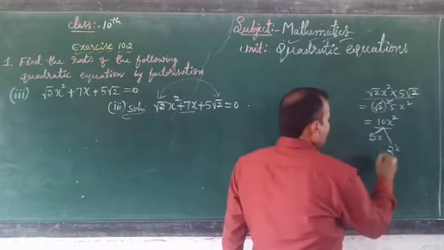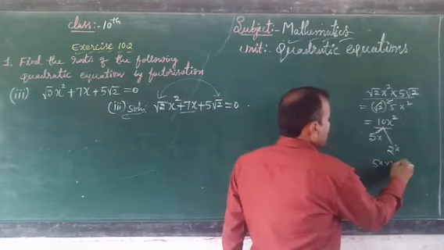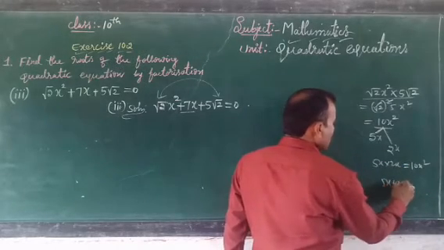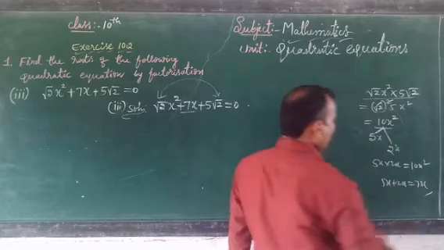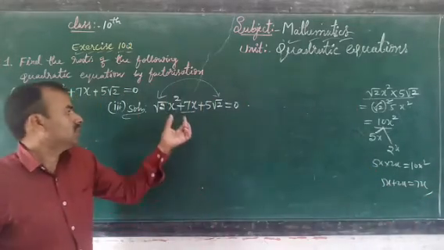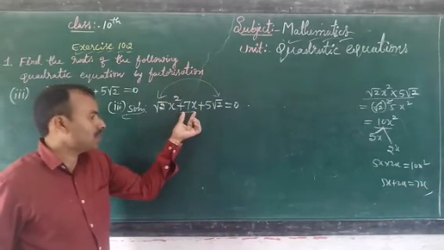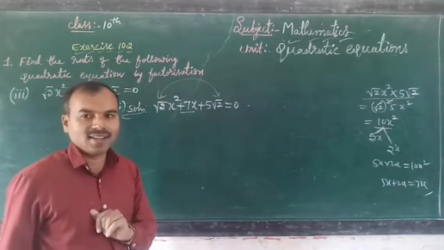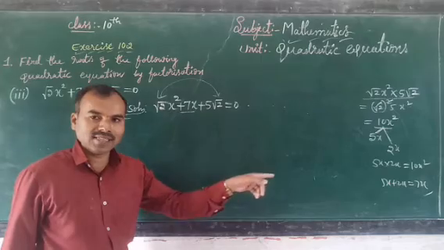Here x is there. So 5x into 2x is 10x square. 5x plus 2x is 7x. If we add, we get the middle term. If we multiply, we get the product of first term and last term. Isn't it? It is correct.